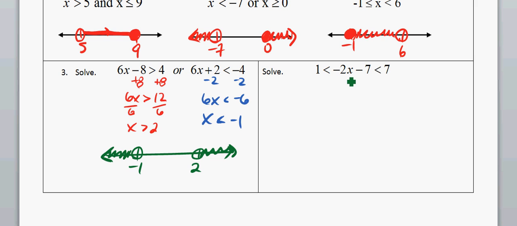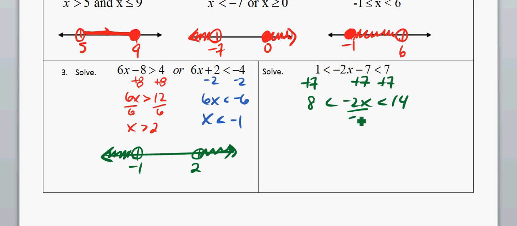In this situation here, with x being in the middle, kind of smashed like a sandwich, whatever we do to the middle to get x by itself, we do to all parts, so to the left side and the right side. So when we add 7 to solve this, we're going to add 7 to all 3 parts, or in between these inequality symbols. We get 8 is less than -2x is less than 14.